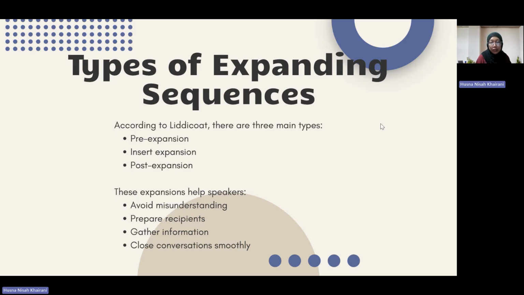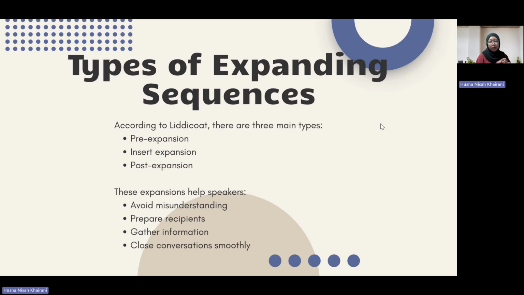And it can also happen during the main sequence, between the FPP and SPP. If the speakers or the counter speakers need more information about what is going on in the conversation, they can expand the sequences.